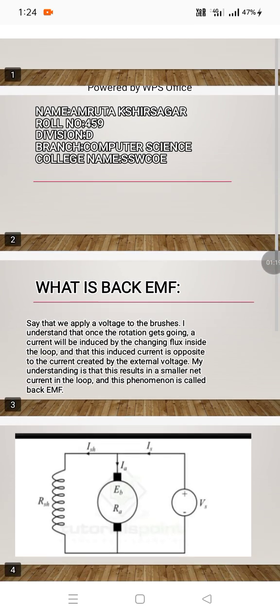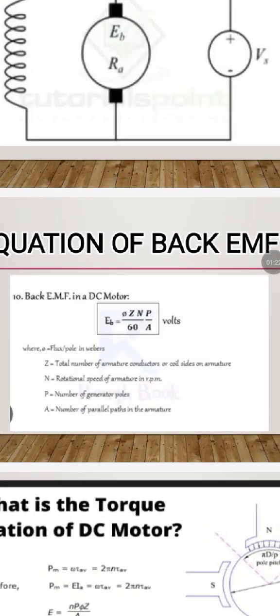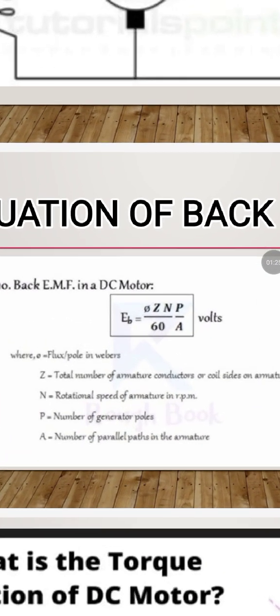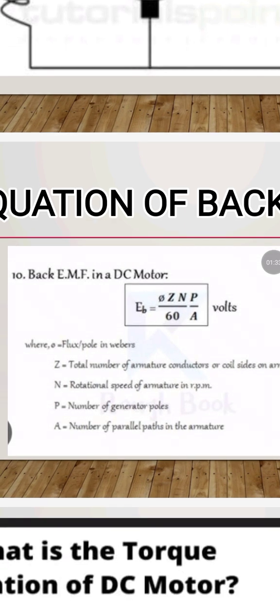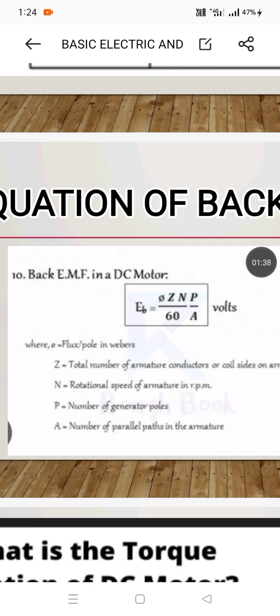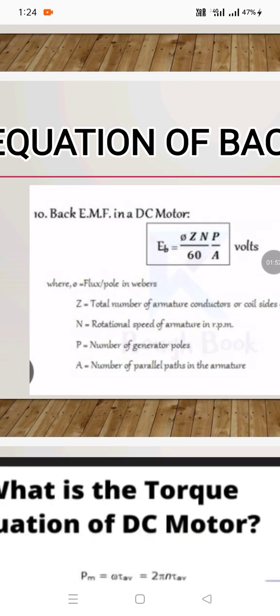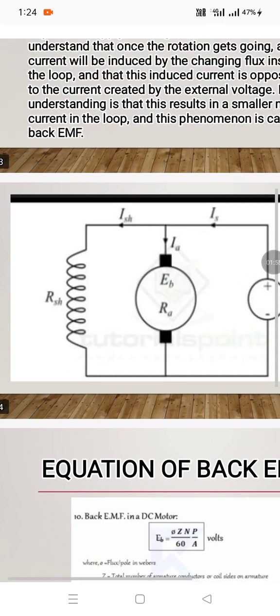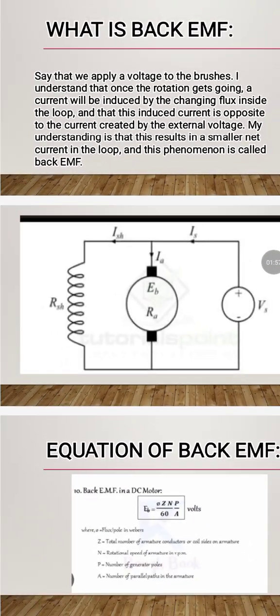Here phi is the flux in Weber, Z is the number of armature conductors, N is the speed in RPM, rotations per minute, P is the number of poles, and A is the number of parallel paths in the armature windings. Here we can see the diagram of back EMF generated in the armature.